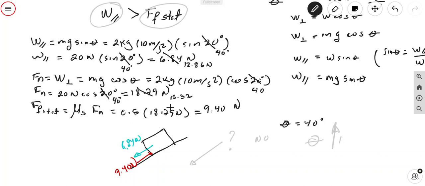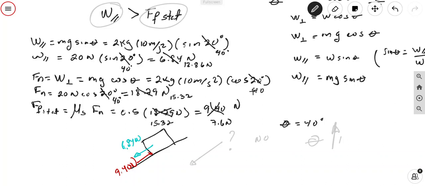And if now we replace this value of normal force by 15.32 and we multiply it by 0.5, that is the coefficient of static friction, this value now turns into 7.66 newtons, approximately 7.7 newtons.